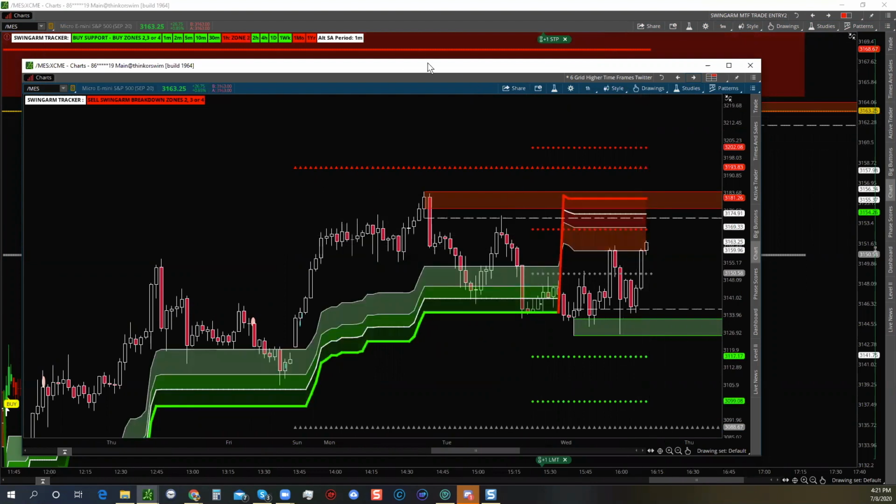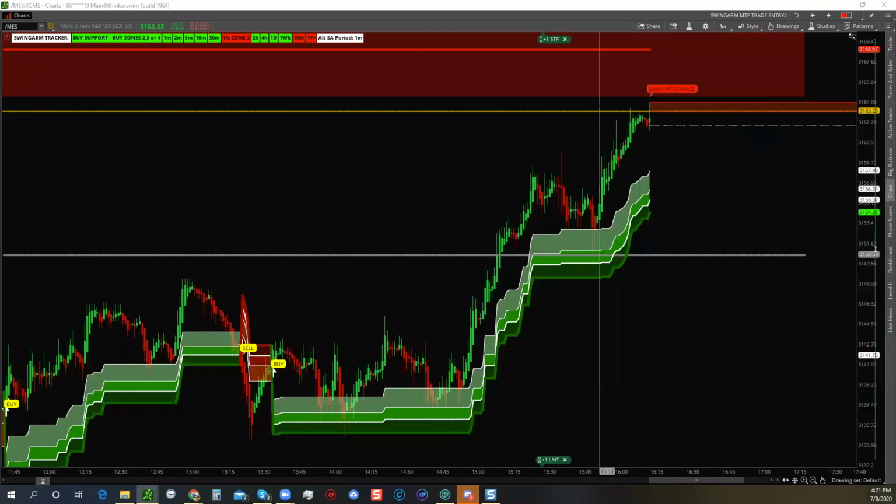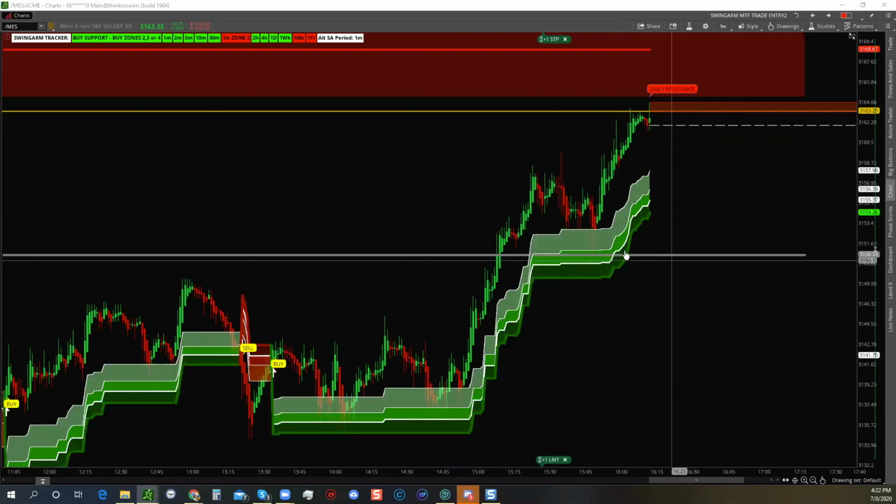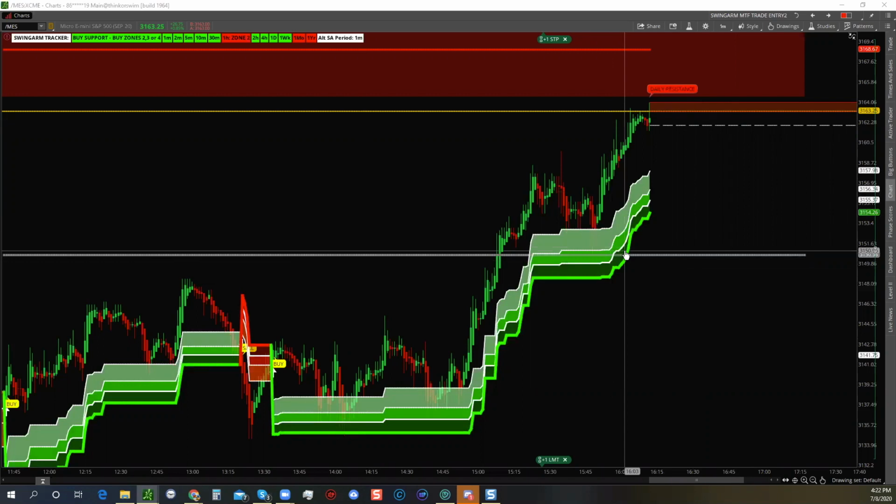So if the 30 minutes does confirm broken, I will neutralize this. Any retracement into it, I'll neutralize it, and then I'll wait to short higher, assuming that the setup occurs to short. If it doesn't occur to short, it could occur to go long, and I'll go long. So just follow the swing arms based on my analysis from the multi-time frame view.